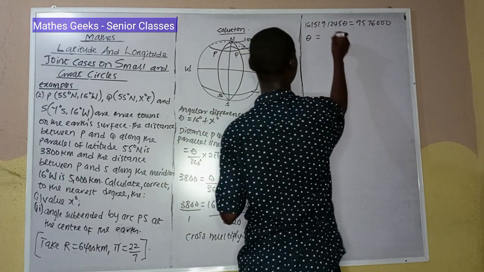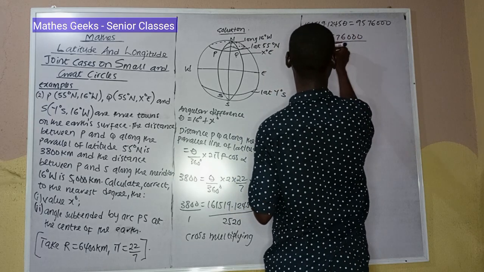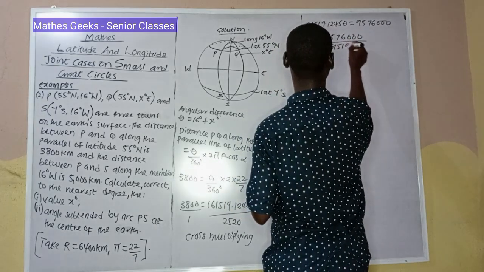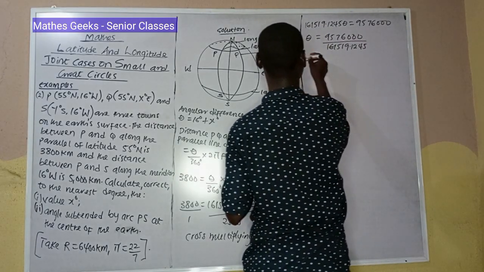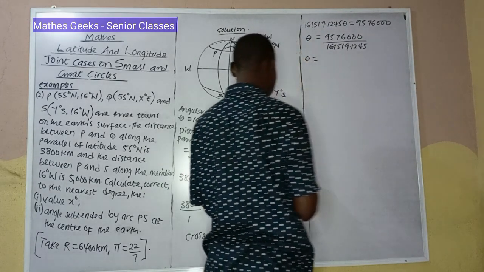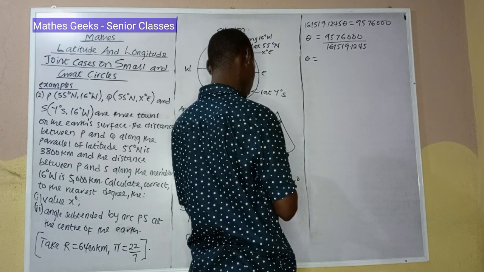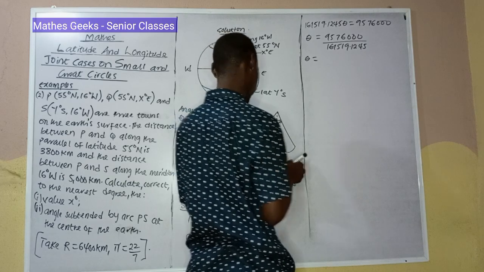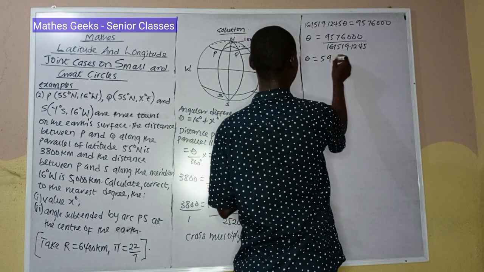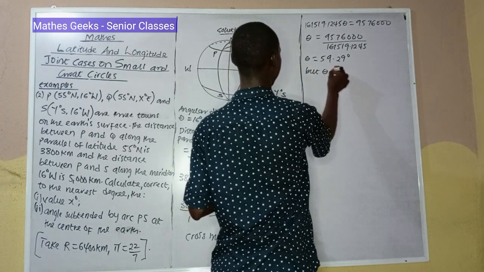So theta is equal to 957,600 divided by 161,519.1245. Theta is 59.29 degrees.